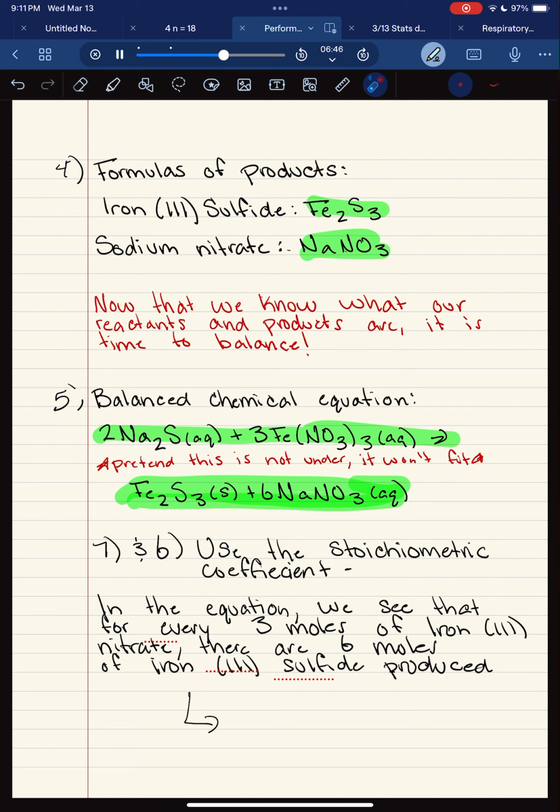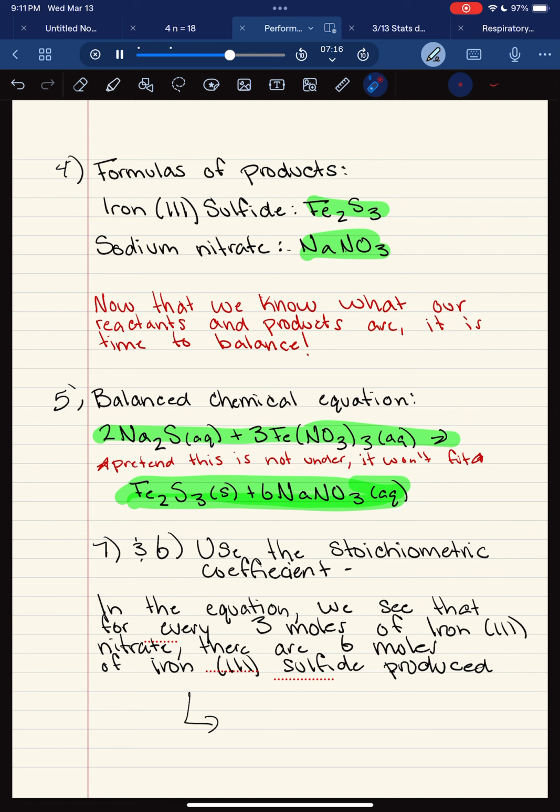Now that we know what our reactants and products are, it is time to balance the equation using the information they gave us in the beginning. We need to know that aq is the aqueous solution and the s is the solid.